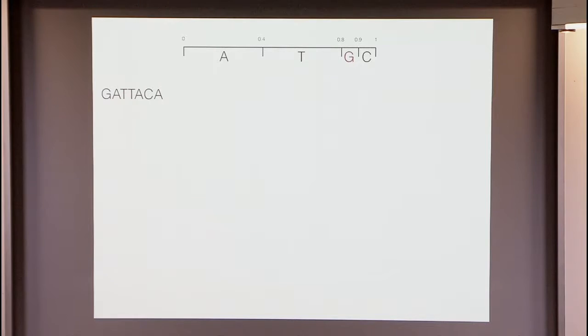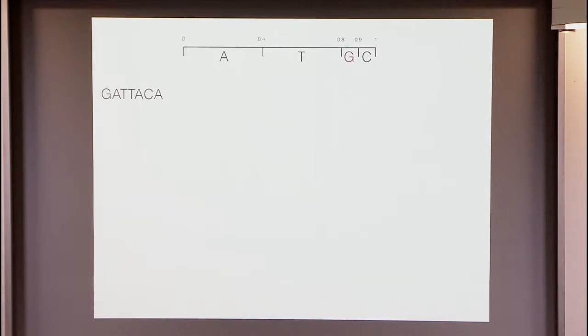Let's take everybody's favorite short nucleotide string, GATTACA, and see how we'd encode it. Well, we start with G. I hope you guys can read these numbers. It doesn't really matter. So G falls in the range 0.8 to 0.9. All right.